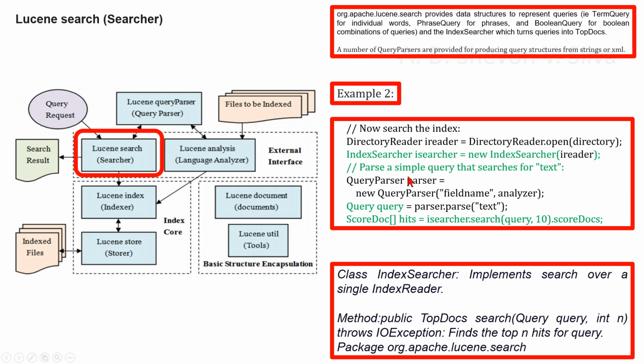And here you can see the method public TopDocs search(Query, int n), which finds the top n hits for the query, and this IndexSearcher is in package org.apache.lucene.search.